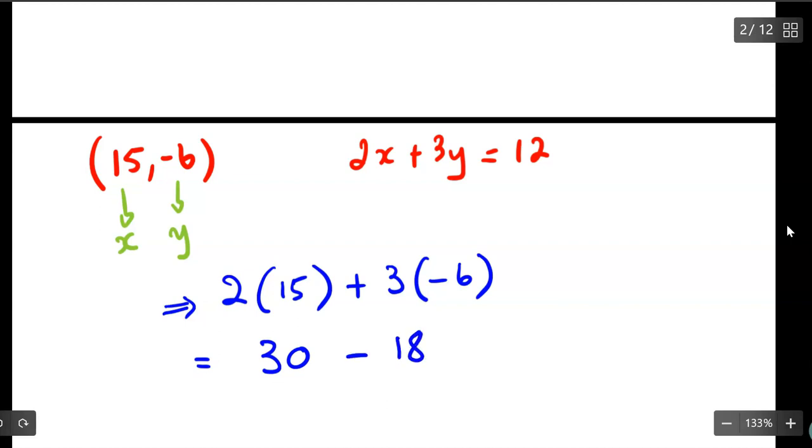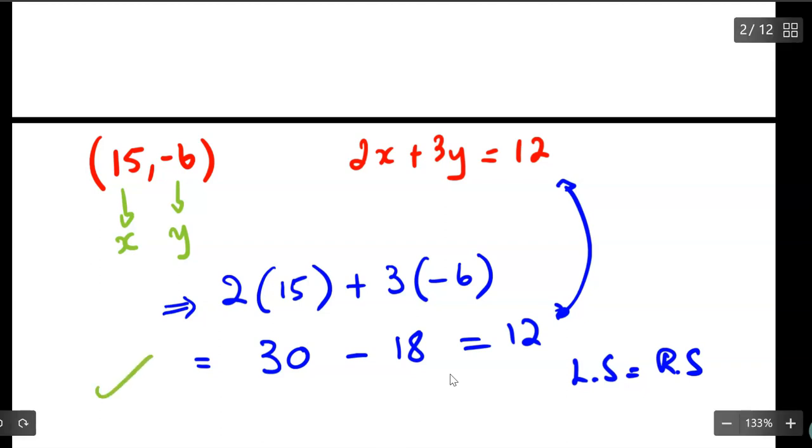Make sure that you perform the operation obeying the order of operations, which is BEDMAS. You multiply first before you add. So 30 subtract 18, I end up with 12, which is equal to the right-hand side. So left side equal to right side. In this case, it is true to its statement. So this point is right on the graph.